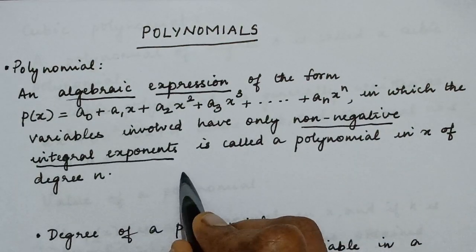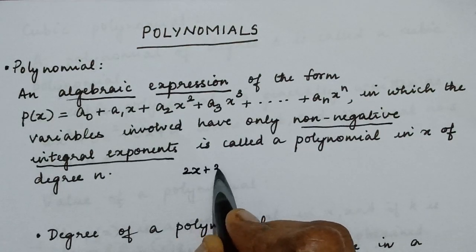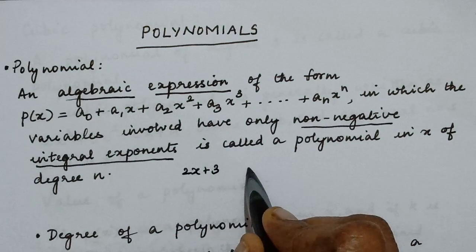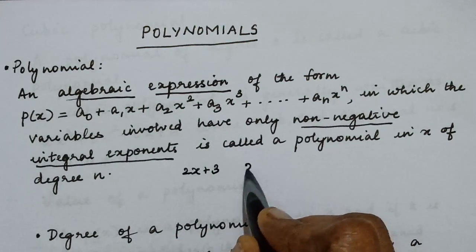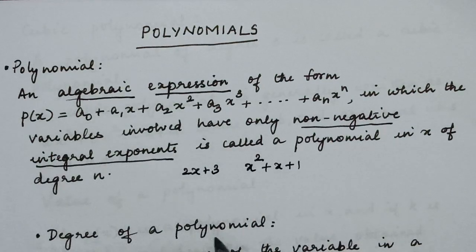So we can write 2x plus 3 is a polynomial, x squared plus x plus 1 is another polynomial.